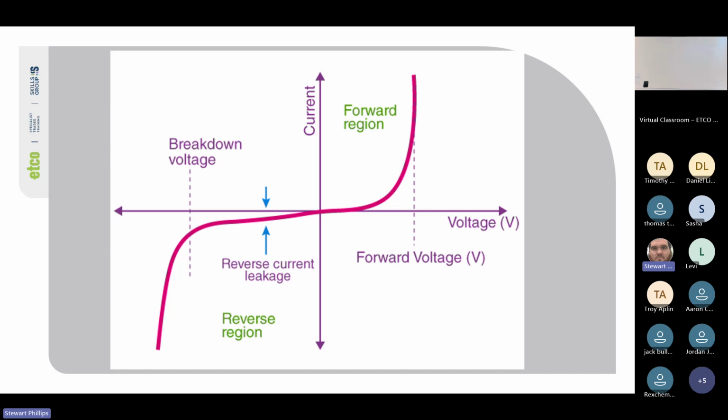As we increase the voltage in forward bias, the forward region, after the current reaches the forward voltage, it increases quite rapidly. And then here we have reverse leakage current, up to the point where we have the breakdown voltage, where we get high levels of negative current. We have the breakover voltage on the right-hand side, or the forward voltage, and then we have the breakdown voltage on the reverse side.